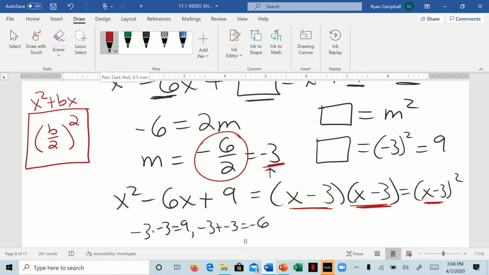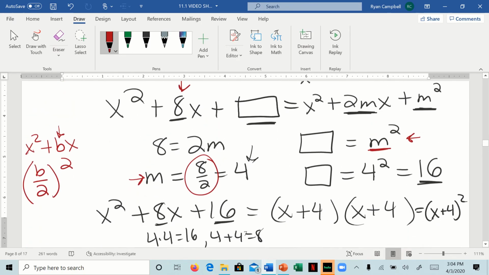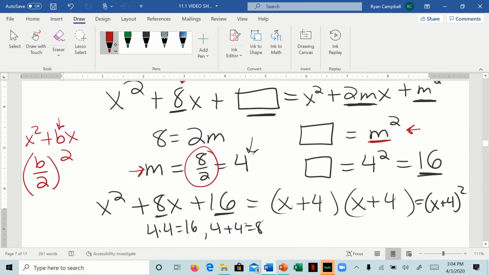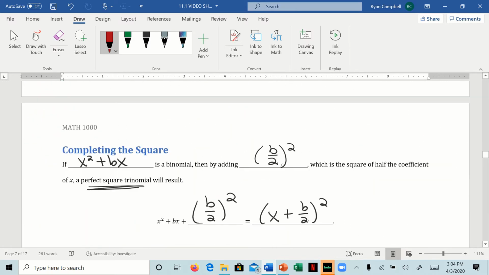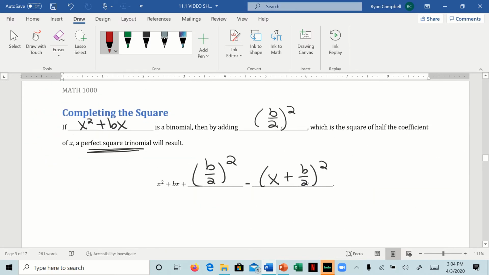And over here in the first one, we said that b divided by 2 was 4. That was our m. And when we factored, we had x plus 4, x plus 4. So if you understood that, awesome. If not, that's totally okay. You can always memorize. Memorizing is fine too.